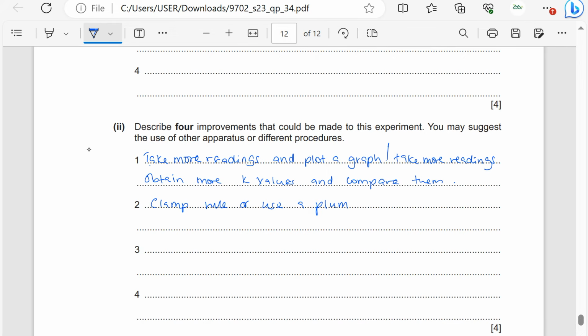The plumb line is like you just attach a mass onto a string. Then, of course, you will still need a clamp. So use a plumb line. You can check that the ruler is vertical by using a plumb line. That would help in reducing that limitation.